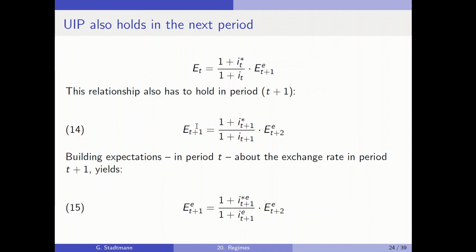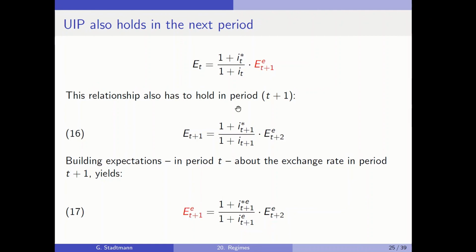When we now build expectations of how this relationship looks, then we know that the expected exchange rate, expected for the time period t+1, depends on the expected interest rate in the foreign economy, the expected interest rate in the domestic economy, as well as the expected exchange rate for the period t+2.